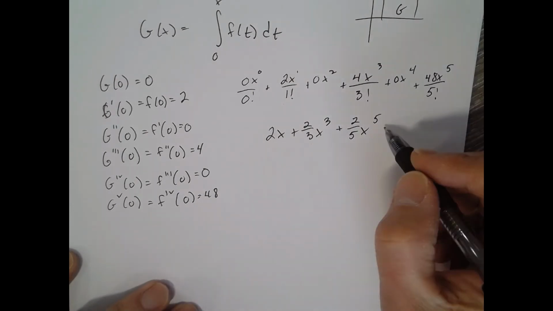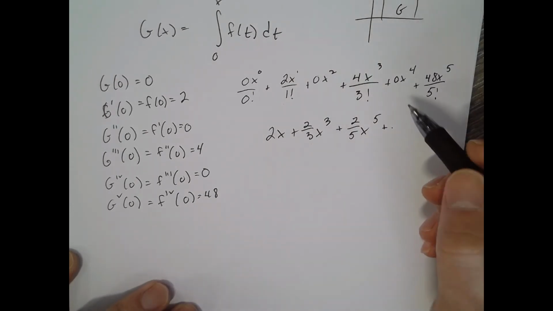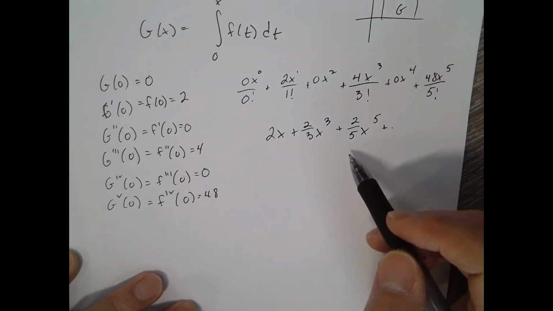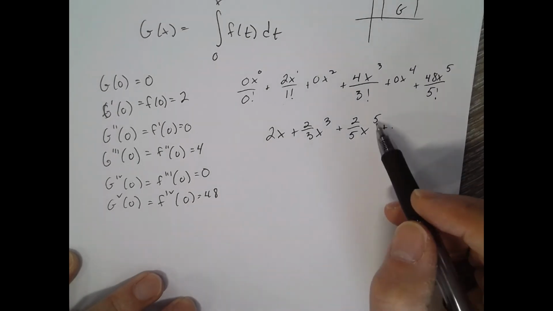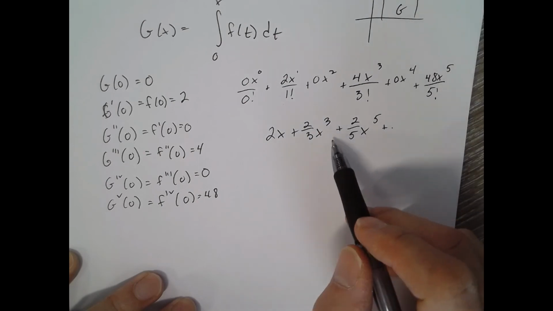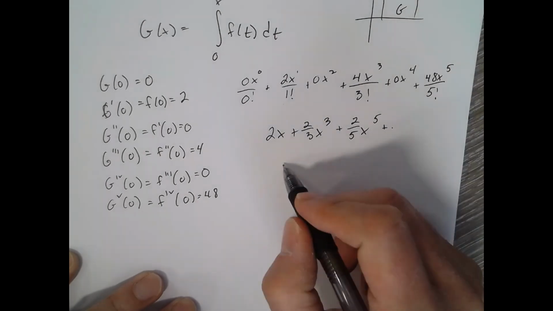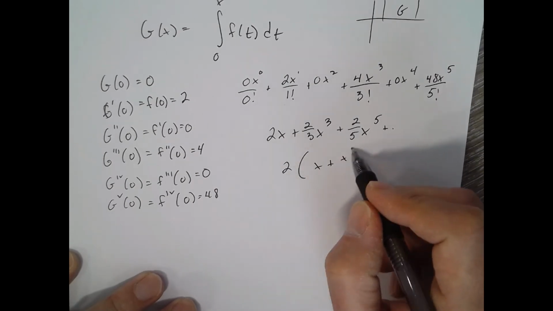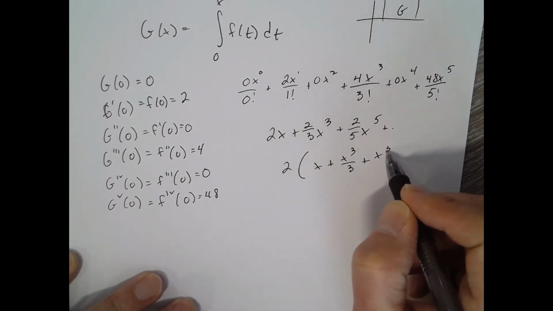If I want an nth term, looks like it's going to be, well, we can figure it out. Looks like there's a 2 in all of them, so it's 2 x to the 5th over 5 and so on.